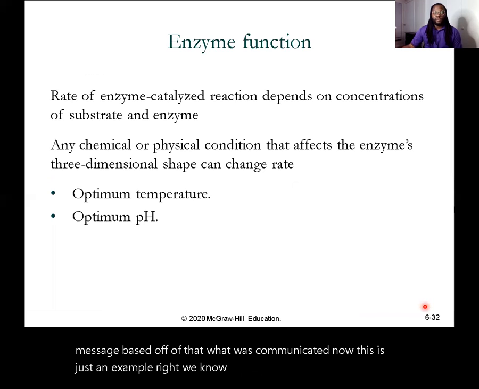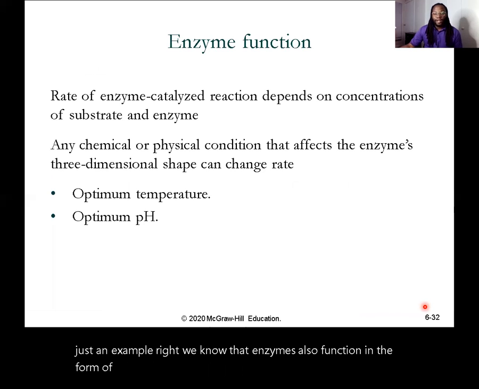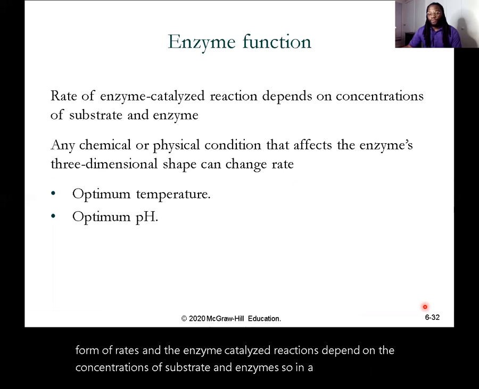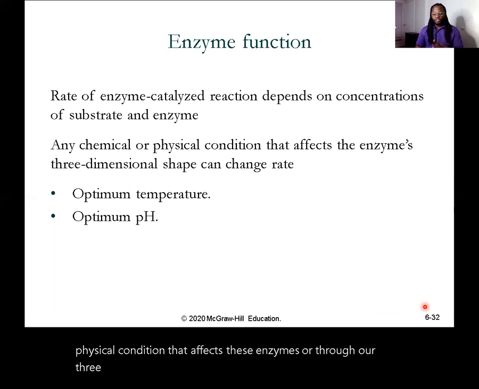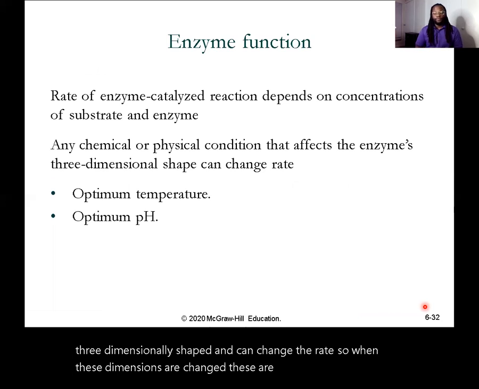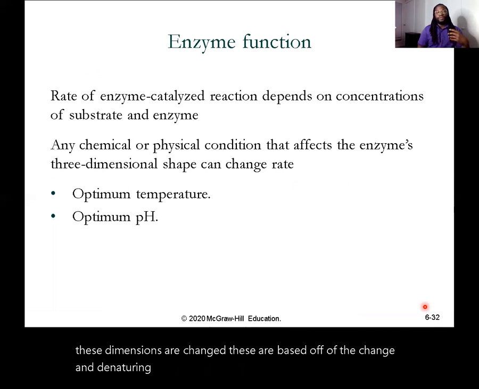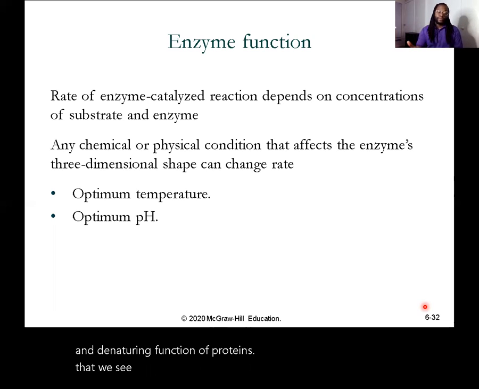Now, this is just an example, right? We know that enzymes also function in the form of rates, and enzyme-catalyzed reactions depend on the concentrations of substrate and enzymes. So any chemical or physical condition that affects these enzymes' three-dimensional shape can change the rate. When these dimensions are changed, it is based off of the change and denaturing of proteins that we see with optimum temperature. Too high a temperature will make these different three-dimensional shapes change, right?